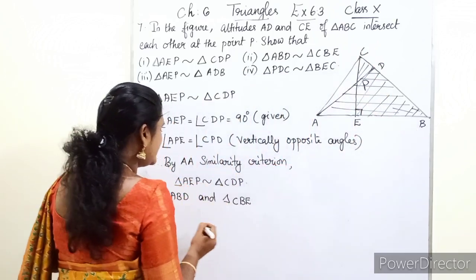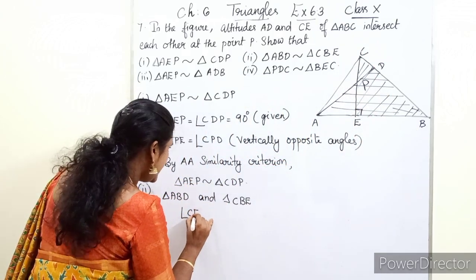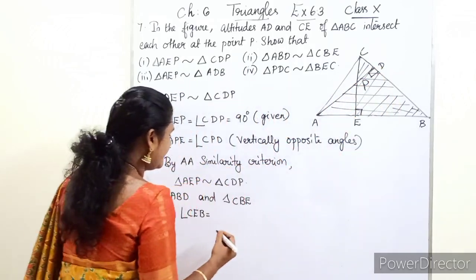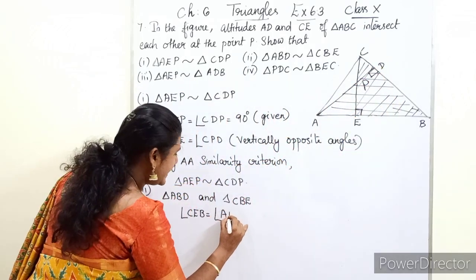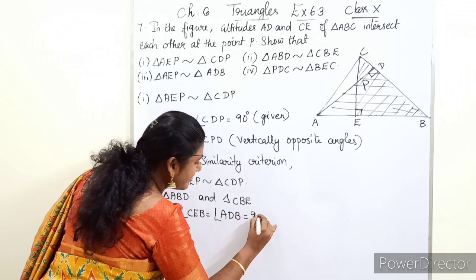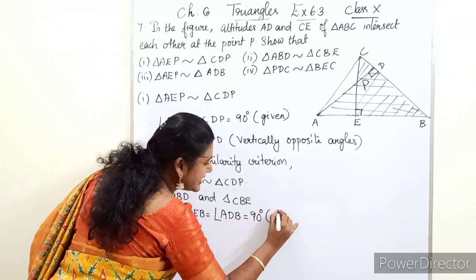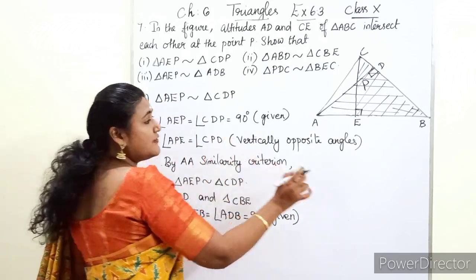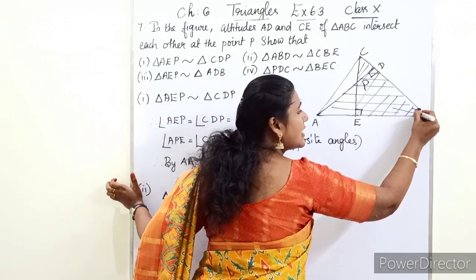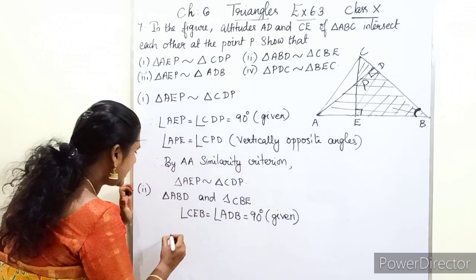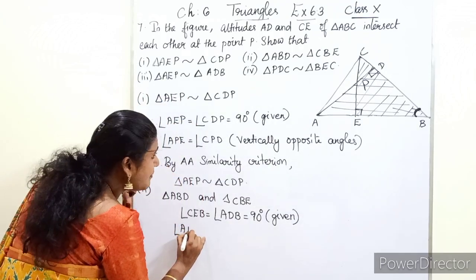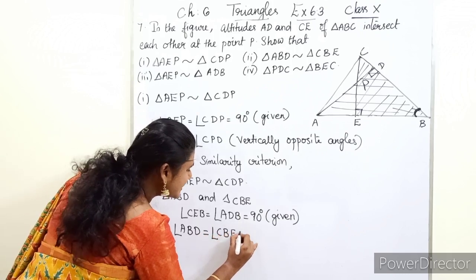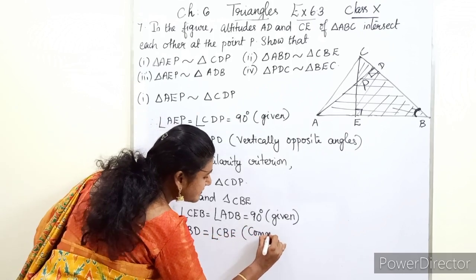So we can write angle CEB and this angle ADB, both these angles are 90 degrees, which is given in the question. And what about these two angles? If you see, angle B is the common angle. So we can write angle ABD is equal to angle CBE. This is the common angle.